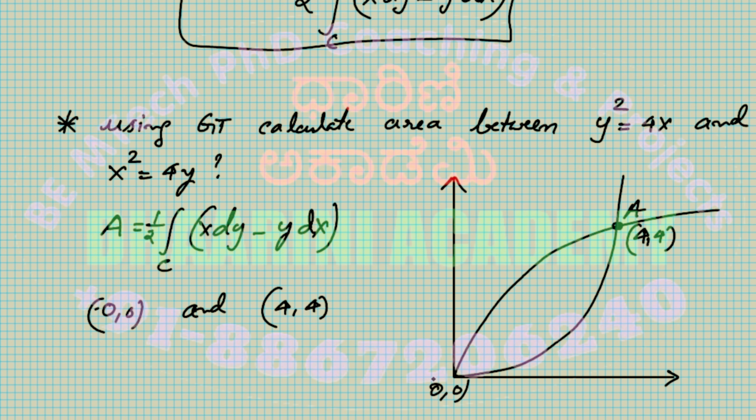Wherever I have y, I can write x square by 4, correct? This implies y is equal to x square by 4. Then what is dy? dy is equal to 2x by 4, sorry, plus 2x by 4, that is equal to x by 2 dx. All right. Now we'll see what the range of x is in this case: 0 less than or equal to x less than or equal to 4.